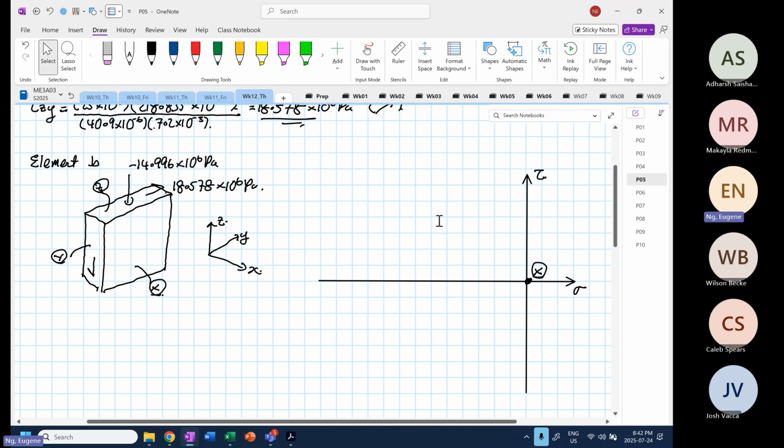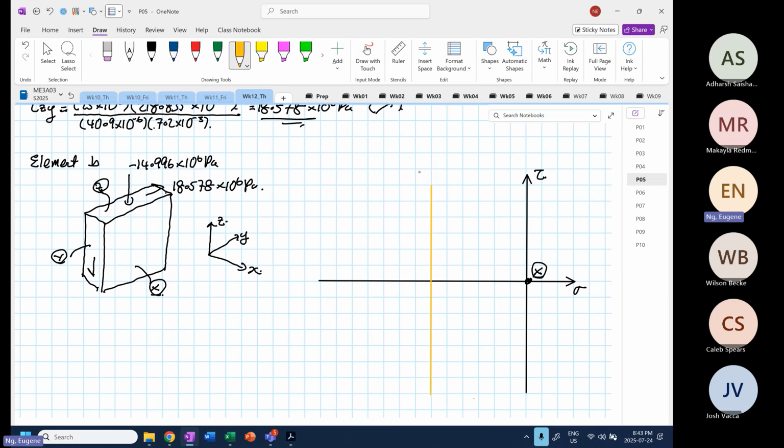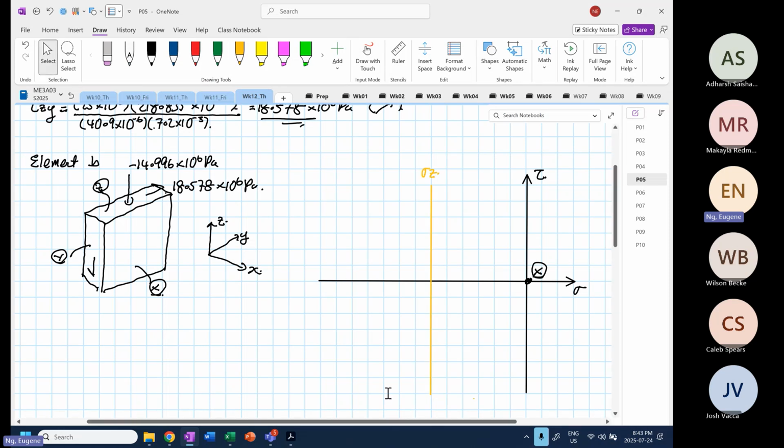And then we have our normal stress in Z, which is in compression. And then we have our shearing stress. Now we have to draw the 3D Mohr's circle because we want to know which is the biggest circle, because the biggest circle is the one that's most important.